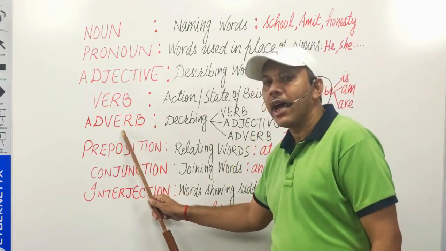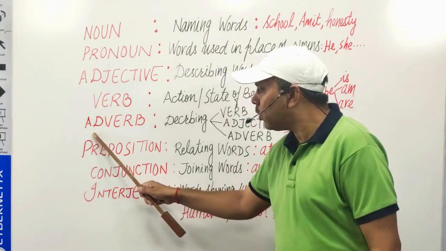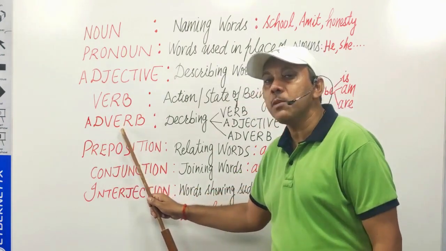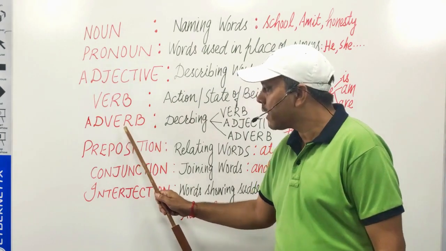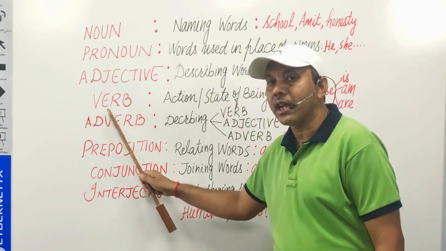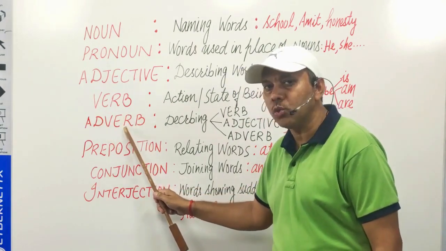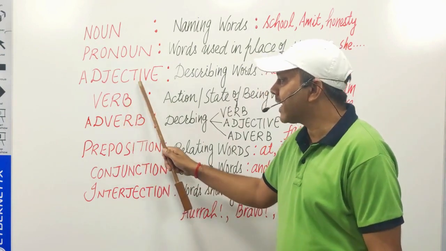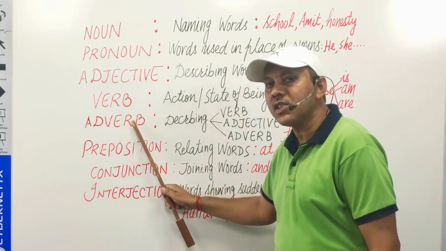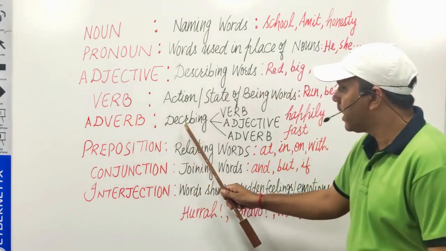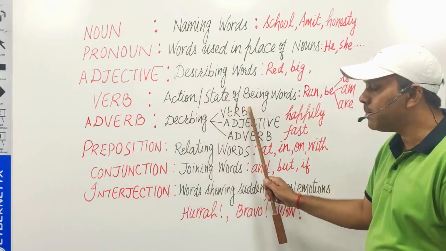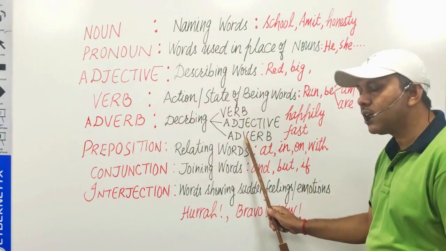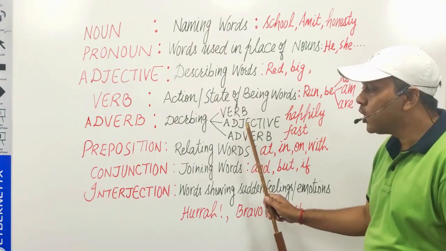And the next is adverb. Adverb is also the busiest part of speech because it adds meaning to verbs, adjectives and adverbs themselves, other adverbs. It describes verbs, adjectives and other adverbs in a sentence.